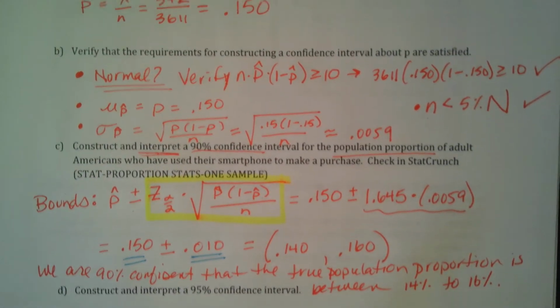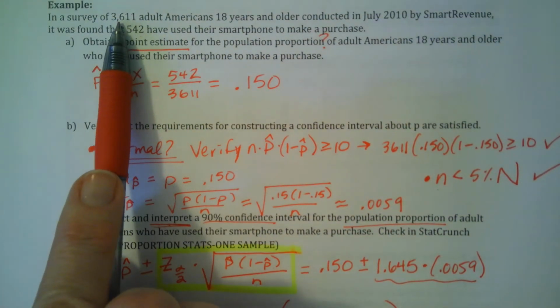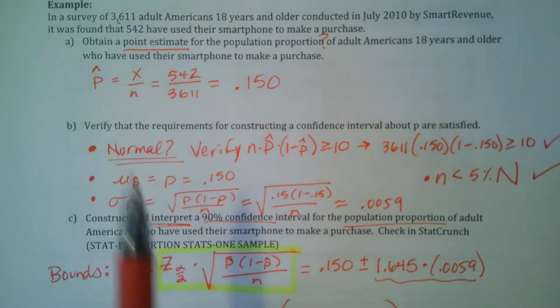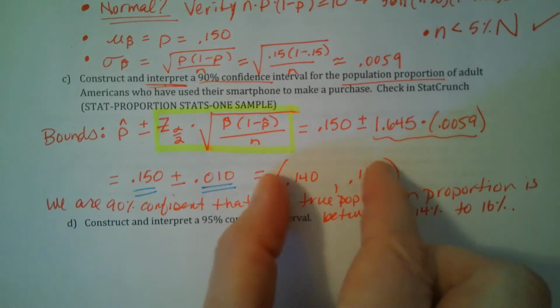Now, as the sample size starts to decrease, let's say this was only 100 people, that's obviously going to change our standard deviation because you're dividing by a smaller number, right? That's going to make your margin of error a bigger number, so your range becomes wider.